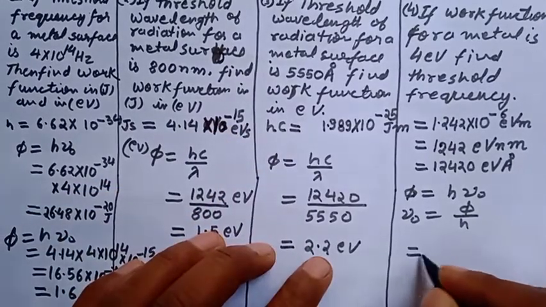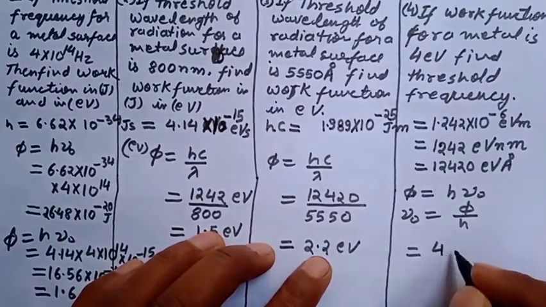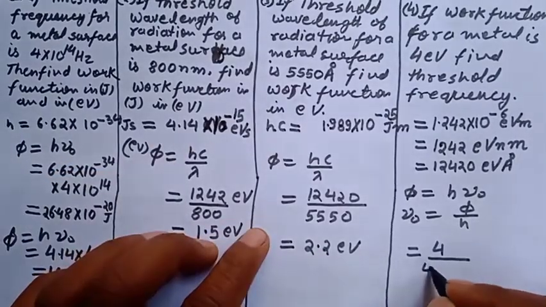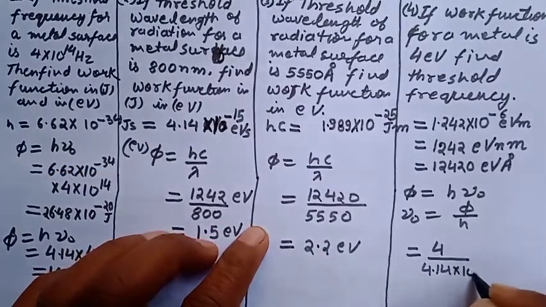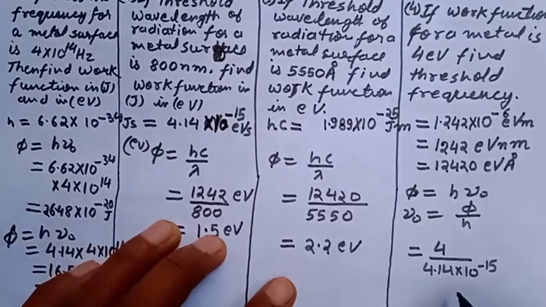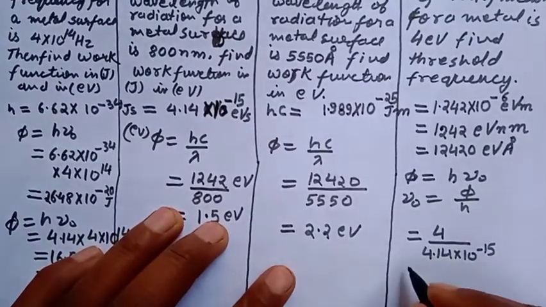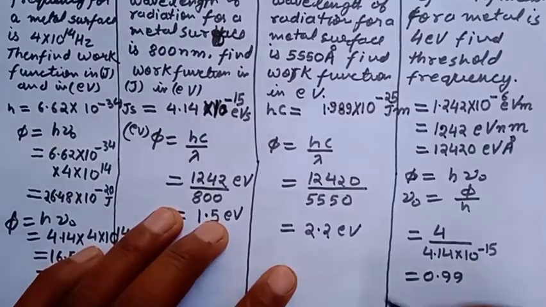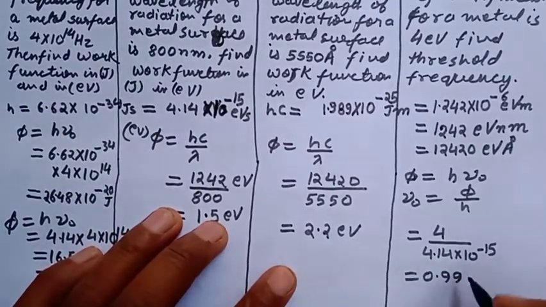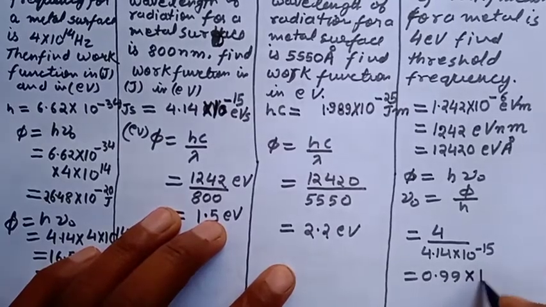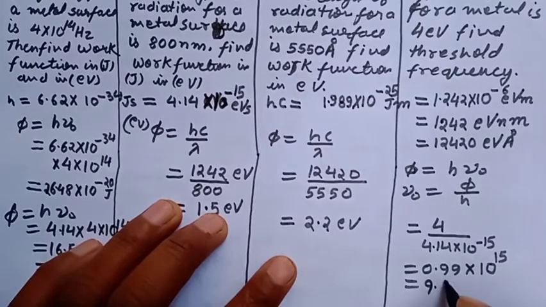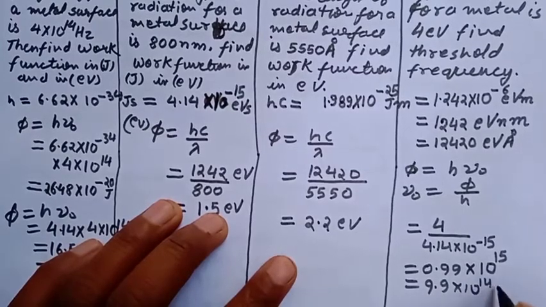So phi is 4 electron volt upon 4.14 into 10 to the power minus 15. If you divide this, then it will be something like 0.99. I'm guessing this. You can divide and find the answer. And we'll take this in the numerator, so it will be 10 to the power 15 hertz. Shifting the decimal one place, 9.9 into 10 to the power 14 hertz.